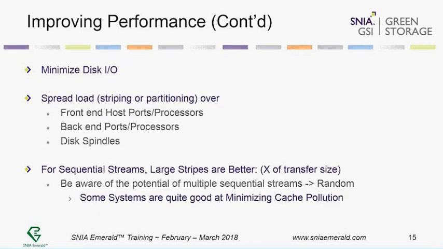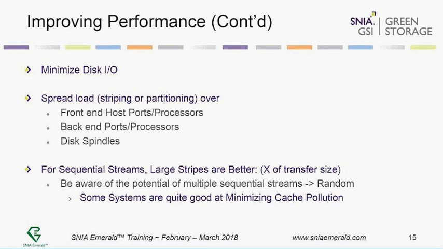Okay, one more trip around the block here. Improving performance, minimize the disk I/O. Satisfy as many of those I/Os from the front end as we can. Another concept that we run into a lot in our data centers is people complain about slow storage.